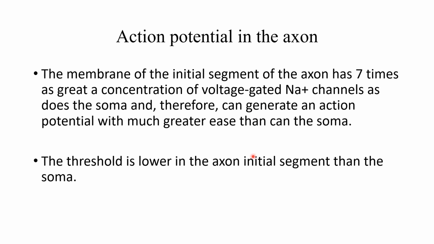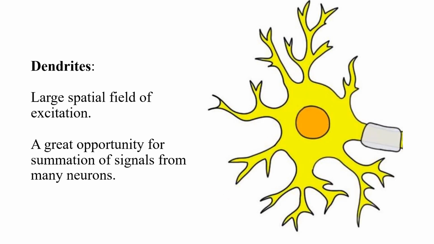Again, we said that action potential does not start near the signal, but it does start in the initial segment of the axon or the axon hillock because of the higher concentration of voltage-gated sodium channels, which means lower threshold at that area. You can see here that the dendrites are very long, of various lengths, and they are very branched, so that provides a large spatial field in these areas and a great opportunity for summation of signals from different types of presynaptic neurons.